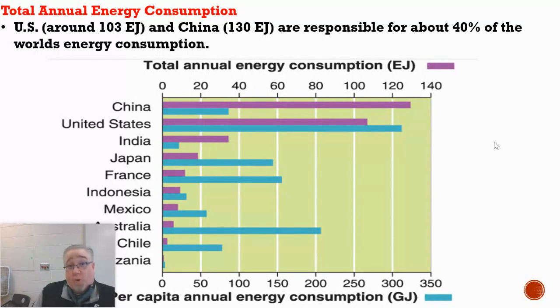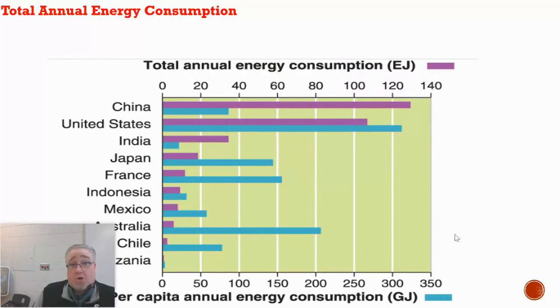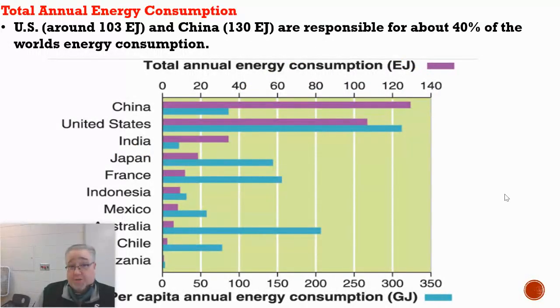That is about 40% of the total world's energy use. So think about that. 40% of all the energy that's used in the entire world is used in two countries, China and the US.